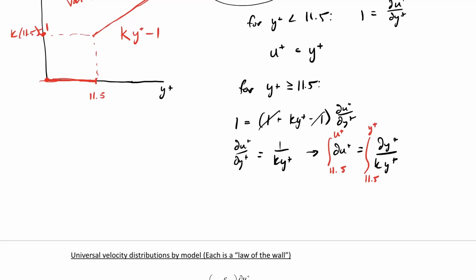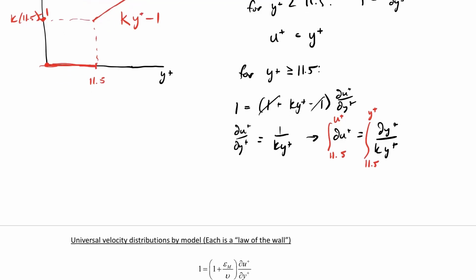Because u plus is equal to y plus there. We do that integral and we are left with u plus minus 11.5 equal to 1 over kappa times ln of y plus minus ln of 11.5.